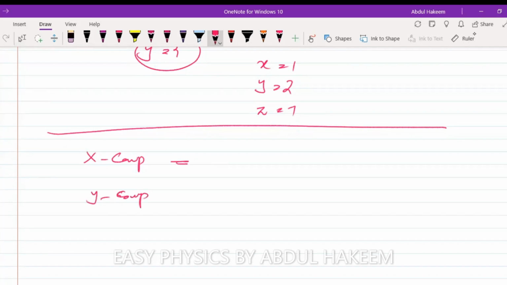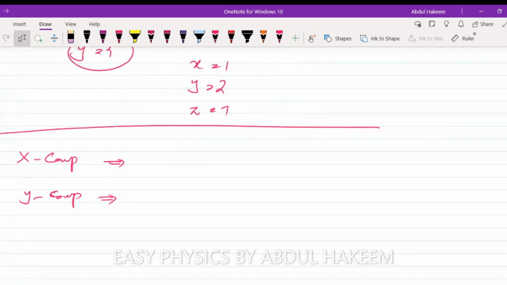The x component means the portion of the vector which affects the object horizontally, and the y component is the portion of the vector which affects the object vertically. Look, if this is a vector, any vector, force, its x component, Fx, is the vector itself, but its vertical component is 0.